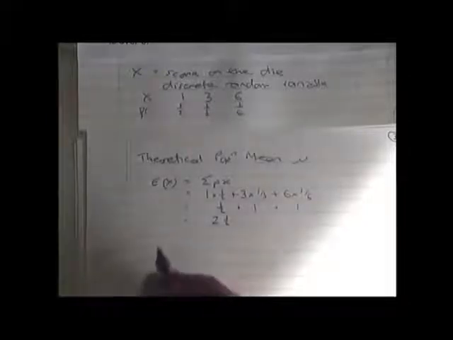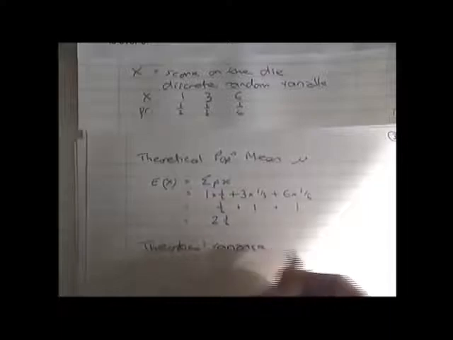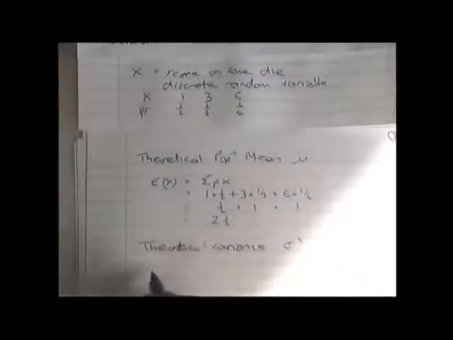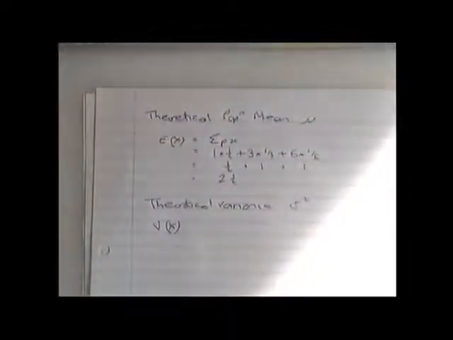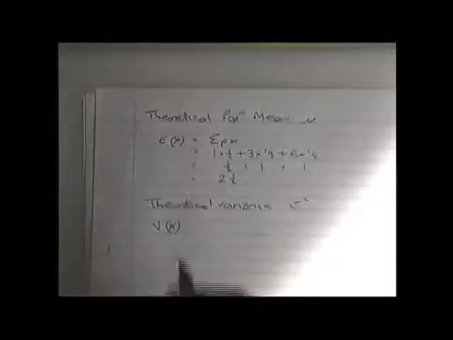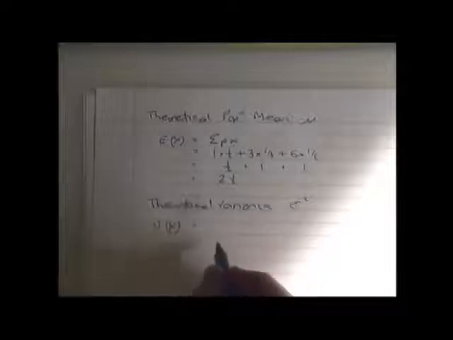Okay, so what about then the theoretical variance? Theoretical variance, which we will call sigma squared. There's a formula for the variance of x which looks a bit like the one that Rob quoted for the expected value of x. Anybody remember what it is? Sigma p x squared?